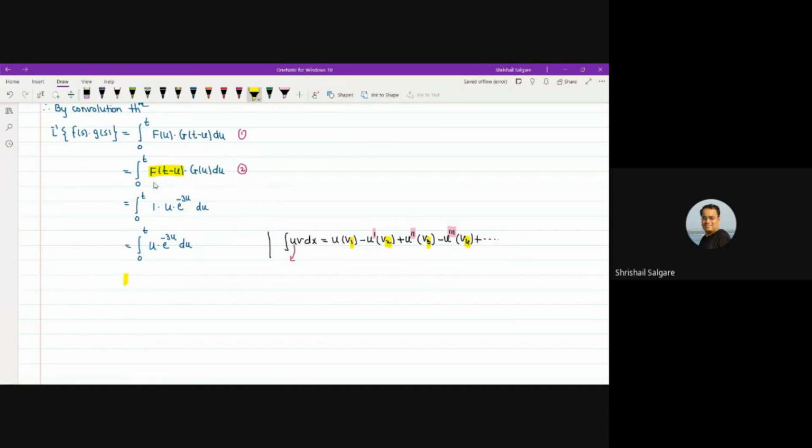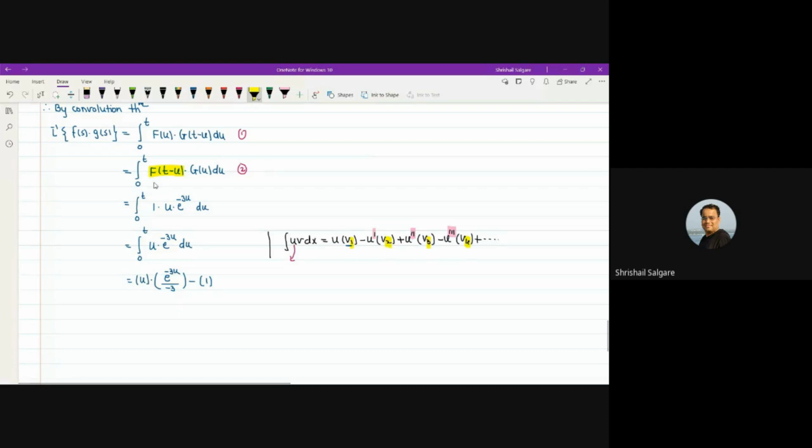So it can be written as equal to first term as it is. It is better to write a bracket into v1, meaning the integration of e to the power minus 3u. Right? First term. Next one is a minus. What is the derivative of u with respect to u?